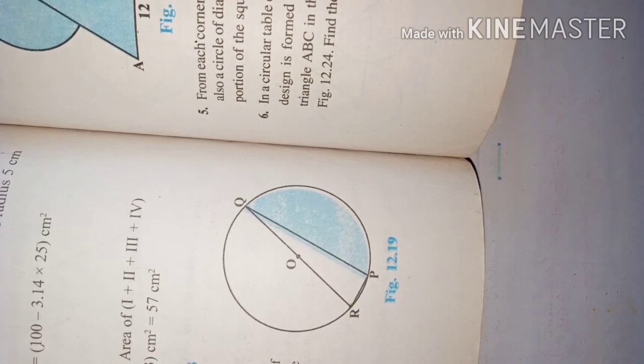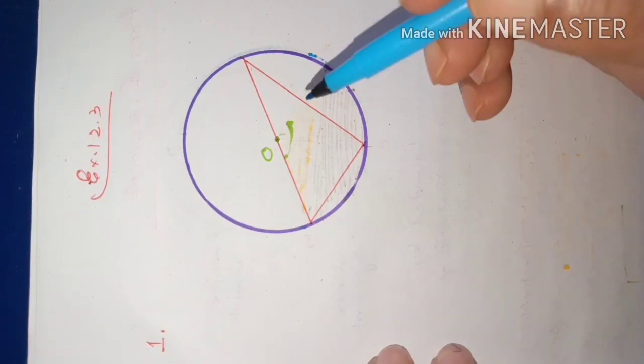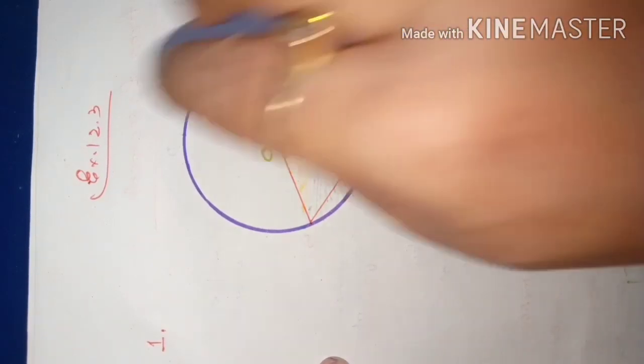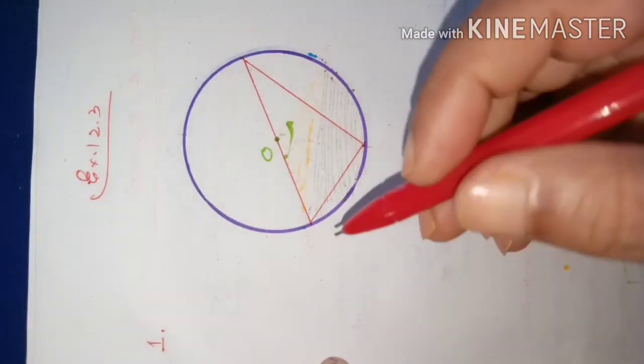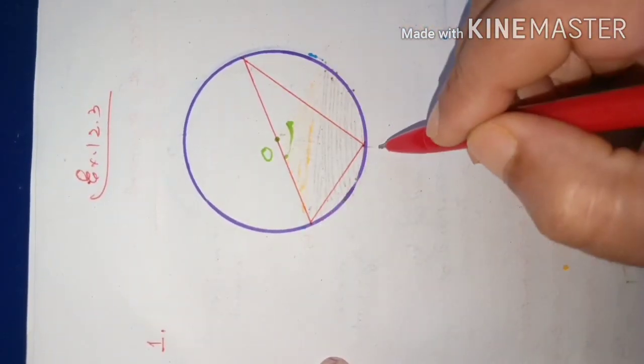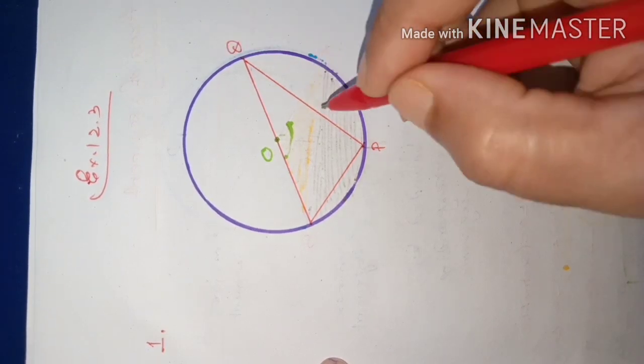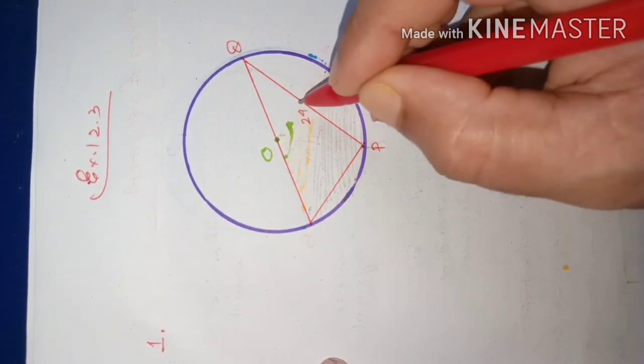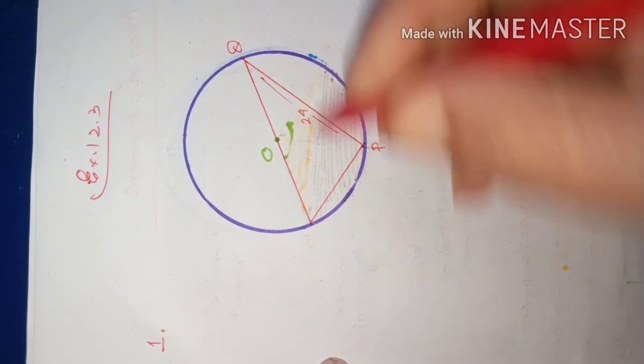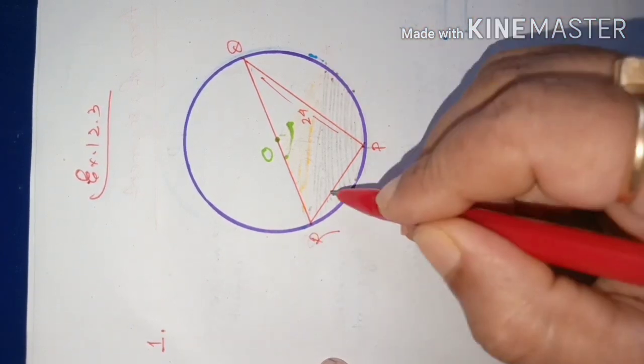Just you see the shaded portion whose area is required here. This is PQ, which is 24 centimeter, this side. And this is PR, that is 7 centimeter.